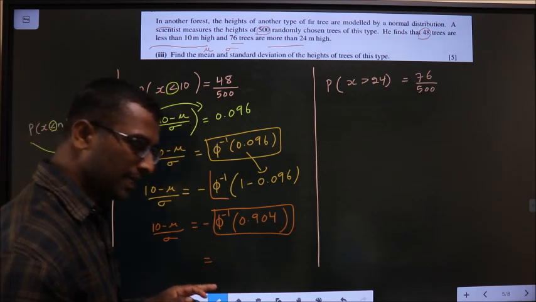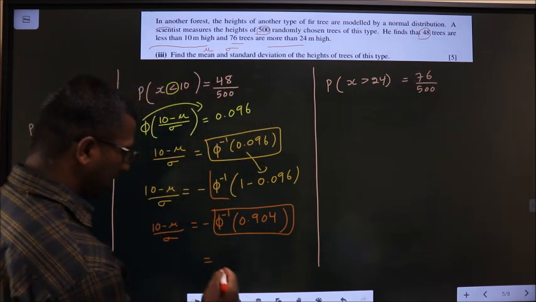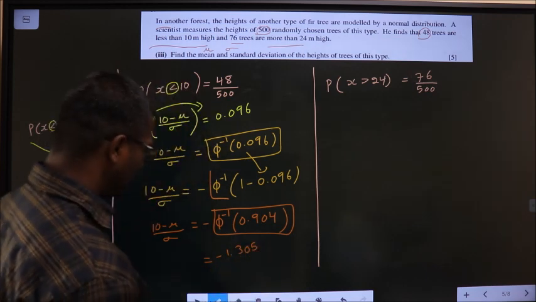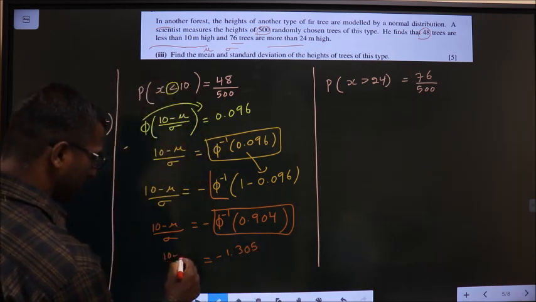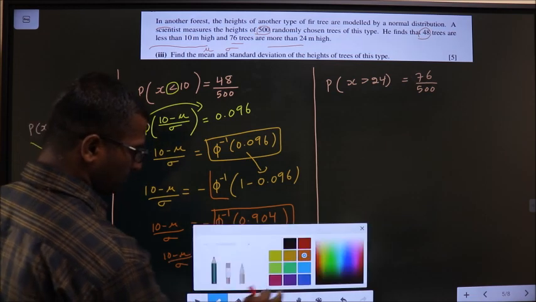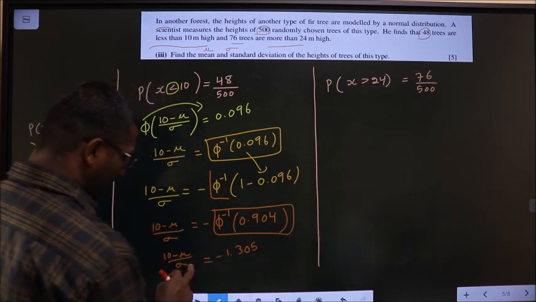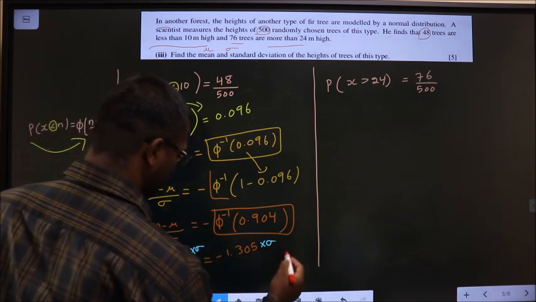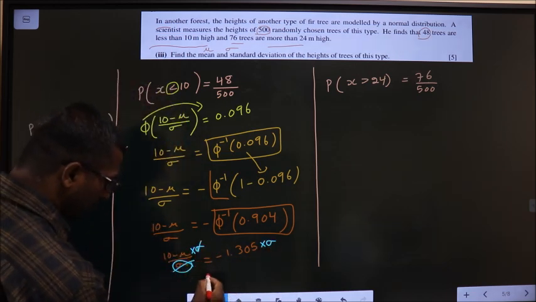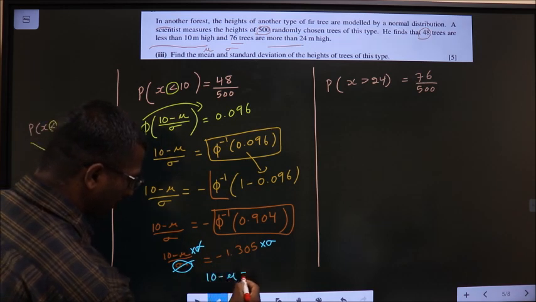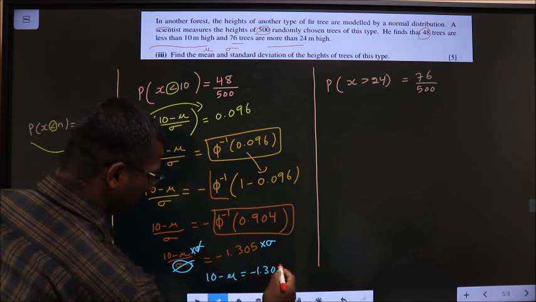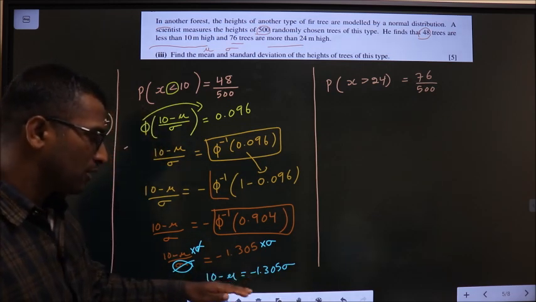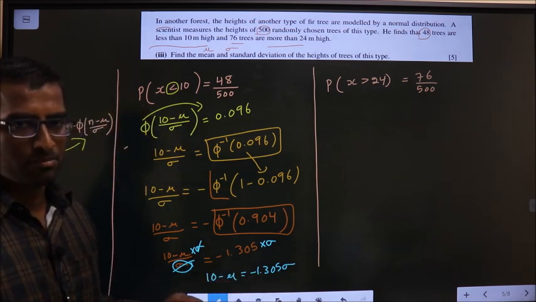So you should get it to be 1.305. And on this side no change. Now to get rid of standard deviation, multiply by standard deviation on both sides. So this gets cancelled, we get 10 minus mean equal to minus 1.305 standard deviation. This cannot be simplified further, so we stop.